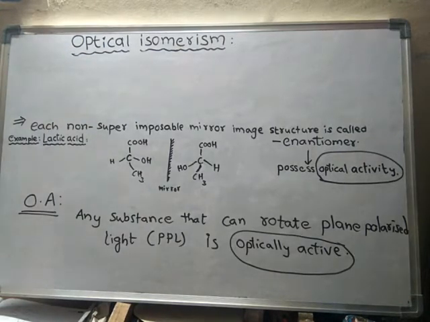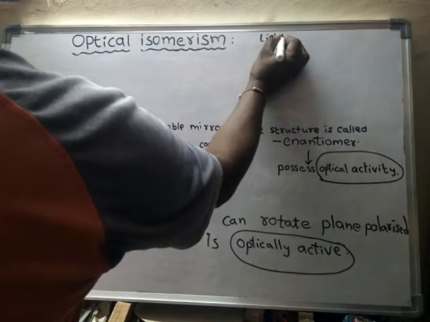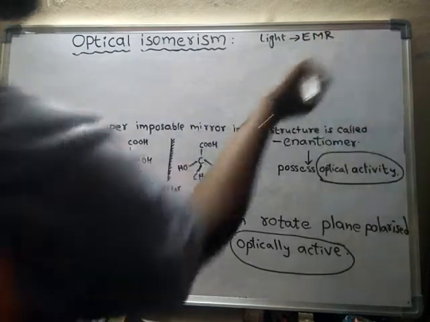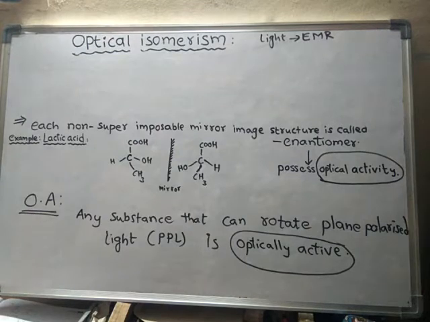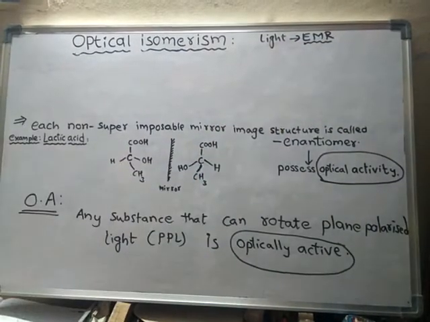Light is made up of electromagnetic radiation. Light of any kind or any color is electromagnetic radiation only. So that means it contains both an electric field as well as a magnetic field.